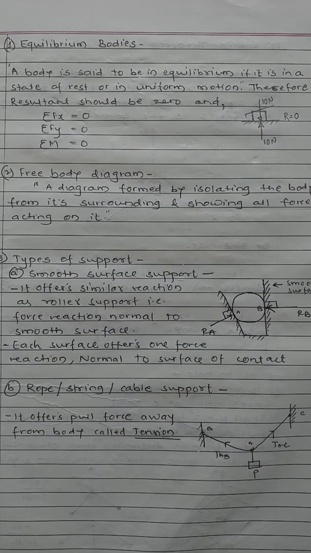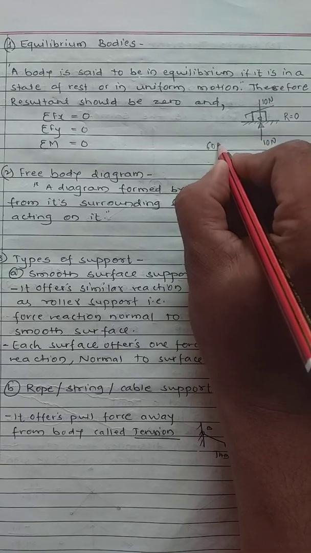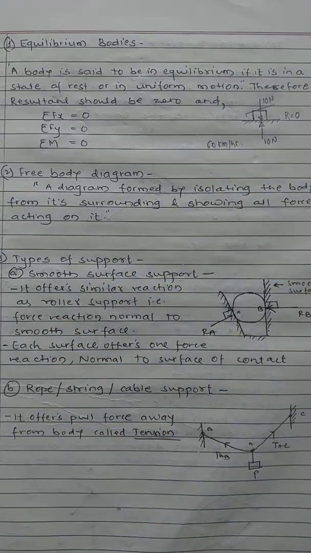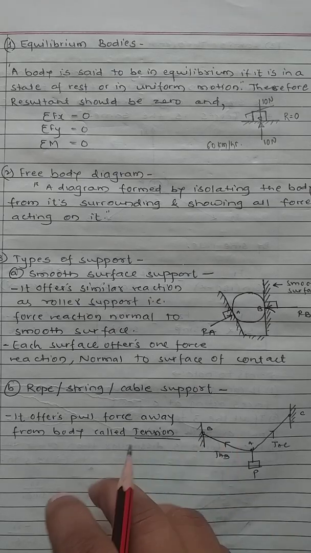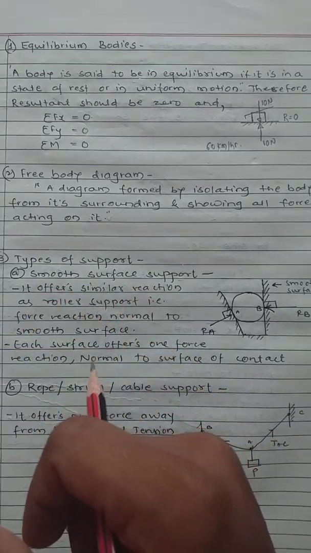A body is said to be in equilibrium condition if it is in a state of rest or in uniform motion. Similarly, if you consider a car moving at a constant speed of, let's say, 60 kilometer per hour, it's a constant speed, so that is uniform motion. In that case also you can consider the body to be in equilibrium condition.